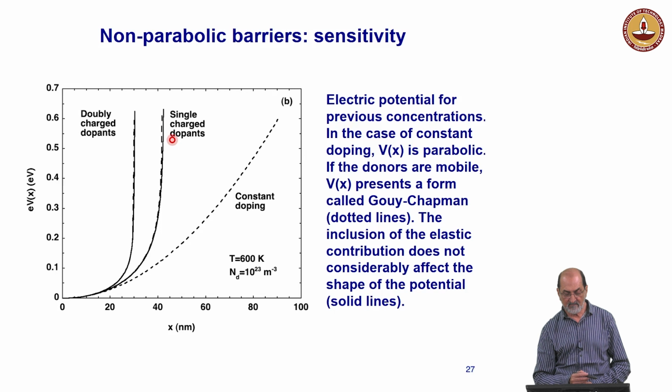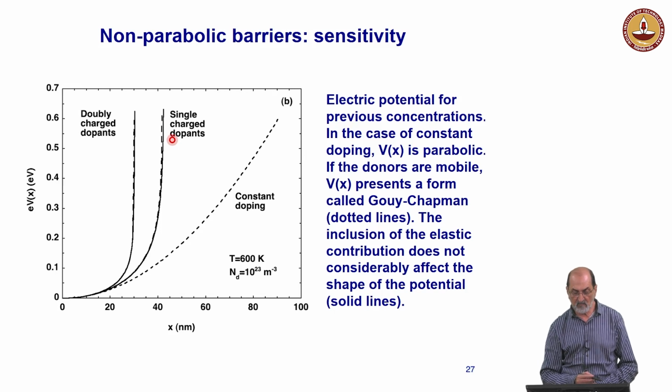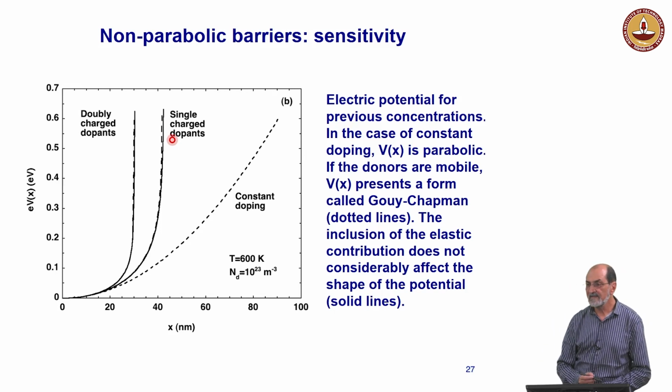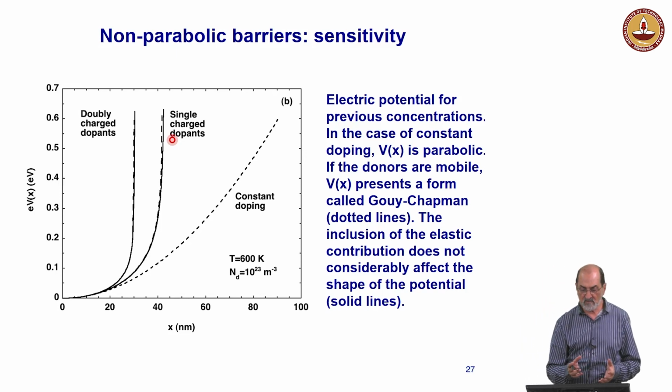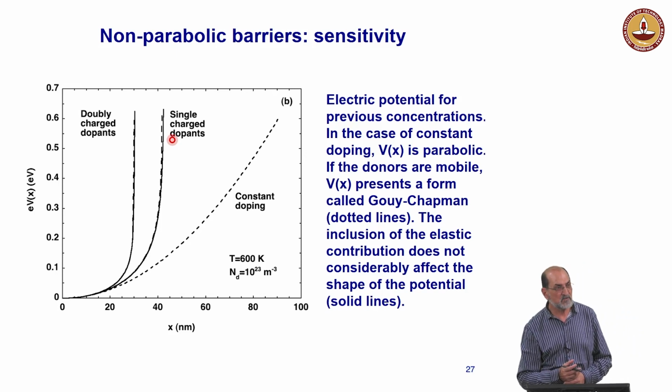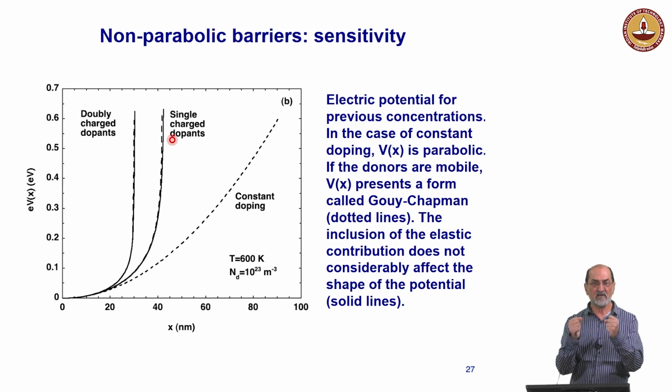We have included, this is a detail, an elastic contribution. Since at some point the concentration of dopants was going too high, we said, come on, this is coming out from the theory, but in real life, this cannot happen. I cannot have more holes than cheese. Something has to stop this process. So we looked for different processes, and one that looks nice, which we found in the literature, is the fact that vacancies interact among themselves.